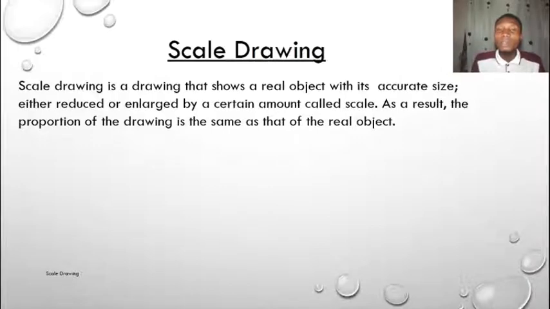But then again, let's say you want to do a drawing of an ant. The ant is very small, so you can't draw the ant at its size. So what you do is to get the proportion.